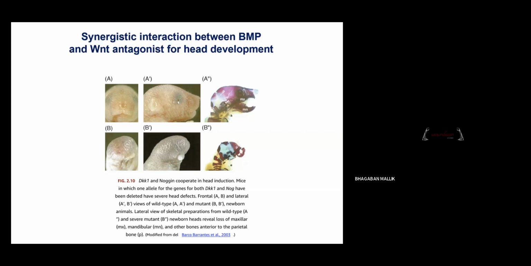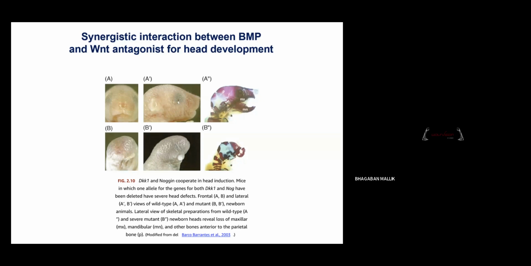When you have loss of one copy, in the two chromosomes, of DKK1 and also another copy of noggin, then the bones are not developed properly.